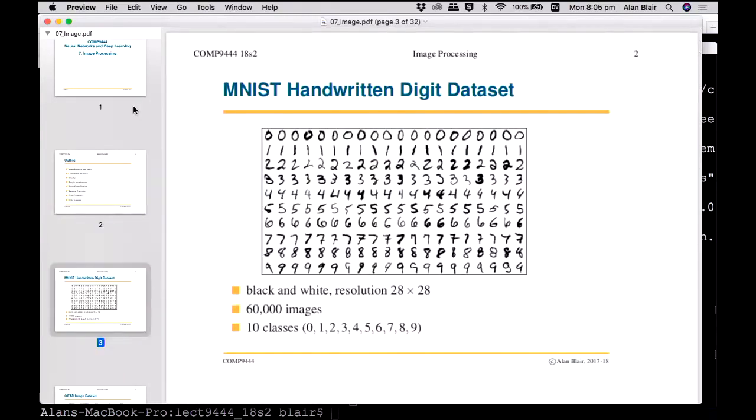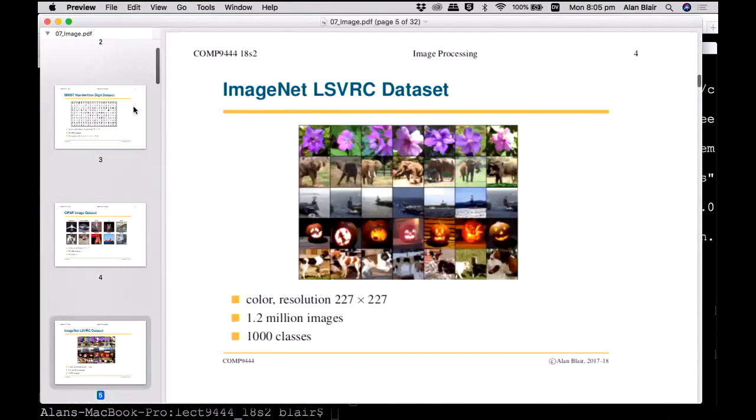Okay, so I mentioned the MNIST data set, CIFAR. So this is ImageNet. As I said, it's 1,000 classes and approximately 1 million, actually a little bit more, 1.2 million images. So there's approximately 1,000 images in each class. It varies a little bit from class to class.